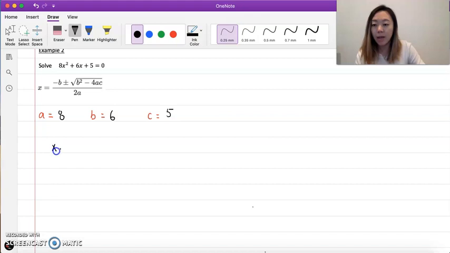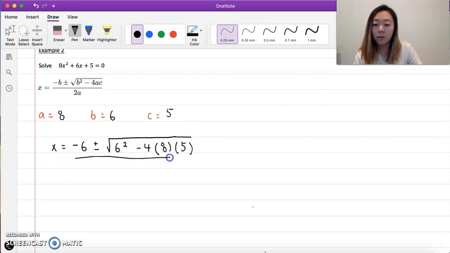So we have x is equal to -b, b is 6, so -6, plus or minus the square root of b squared, that's 6 squared, minus 4 times a, which is 8, times c, c is 5, and then all over 2 times a. 2 times a is 16.